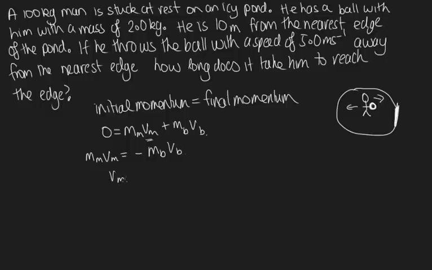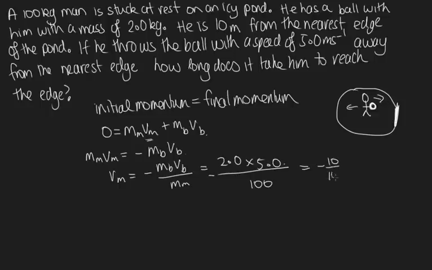And so the velocity of the man is equal to minus the mass of the ball times the velocity of the ball over the mass of the man. So this is equal to 2.0 times the velocity of the ball, which is 5.0, over the mass of the man, which is 100. And we've got a negative, and so we end up with negative 10 over 100, or minus 0.10 meters per second.